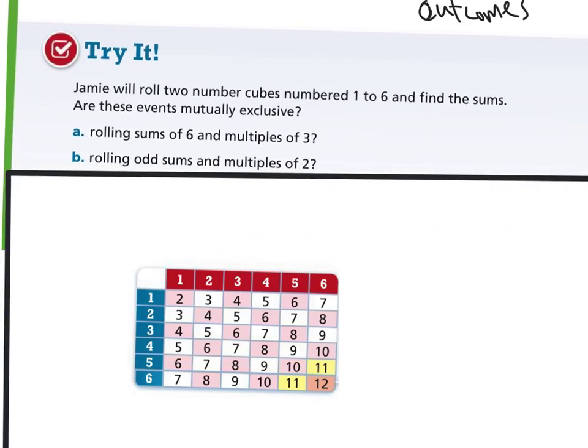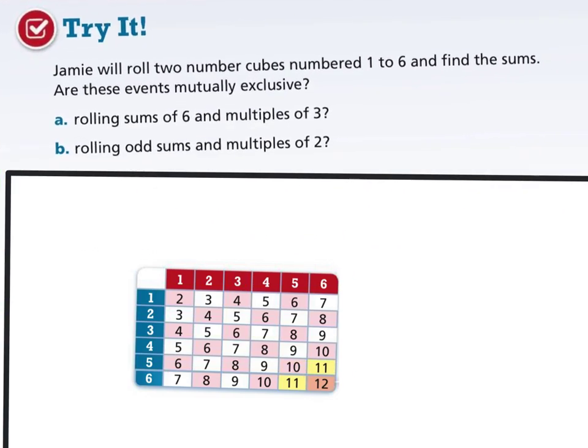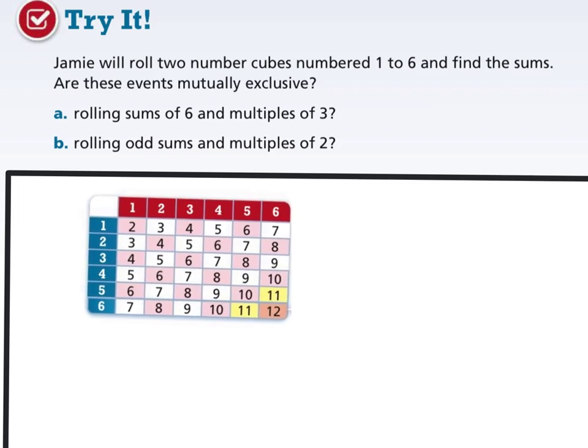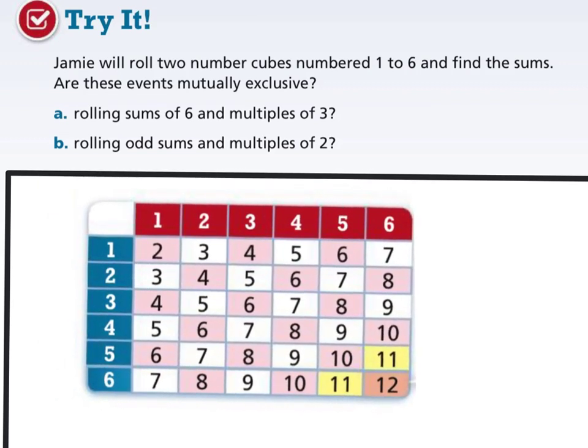So here's our table we had earlier. Sums of 6. And the interesting thing about this is sums of 6, they'll all be in a row here, or kind of in a diagonal. So if you had 5 and 1, 4 and 2, 3 and 3, 2 and 4, 1 and 5, all those are sums of 6.